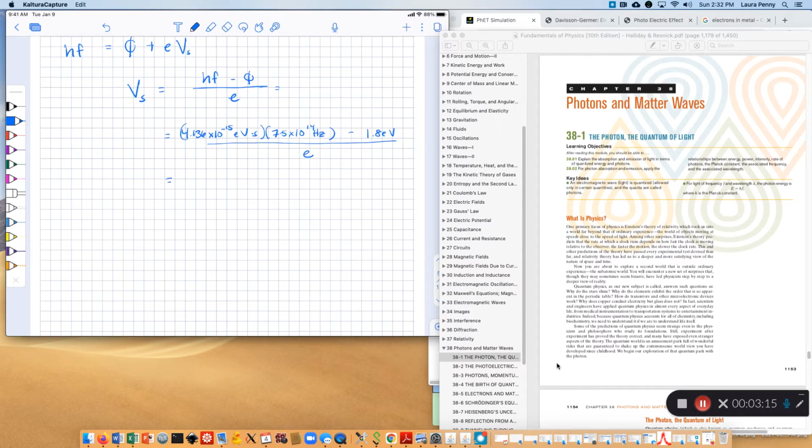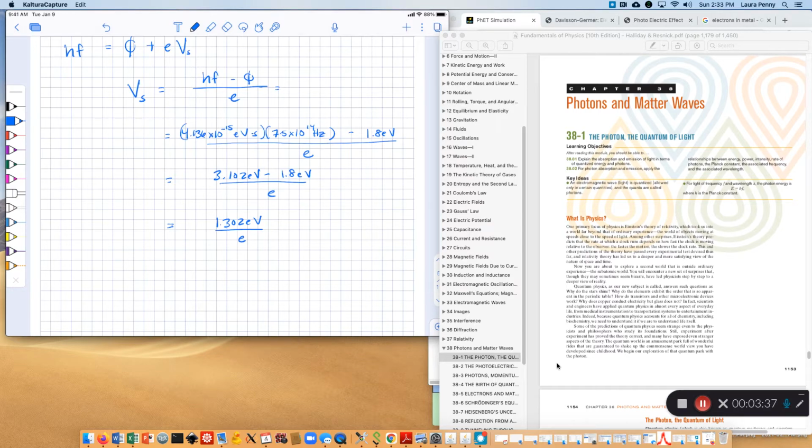So doing that multiplication, I end up with 3.102 electron volts minus 1.8 electron volts, 1.302 electron volts over e.